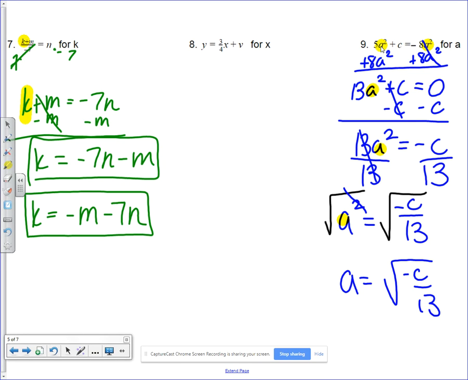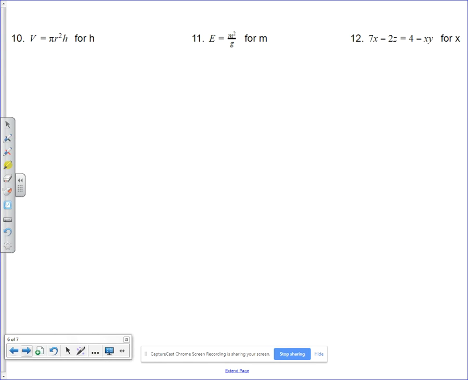So then you probably could guess that I'm going to do number 11 next. I'm solving for m. If I want to solve for m, what am I going to get rid of first? By doing what? Yup. Can I multiply e and g? EG.